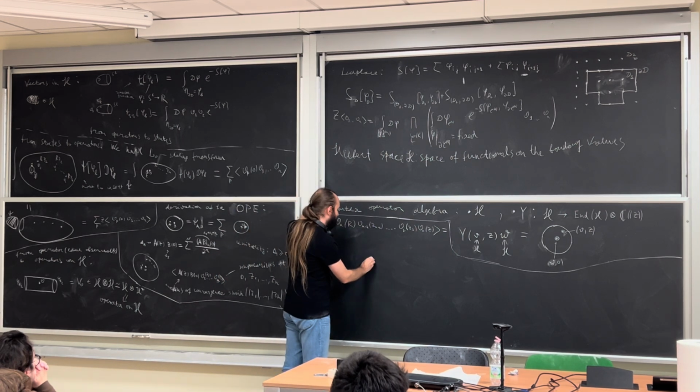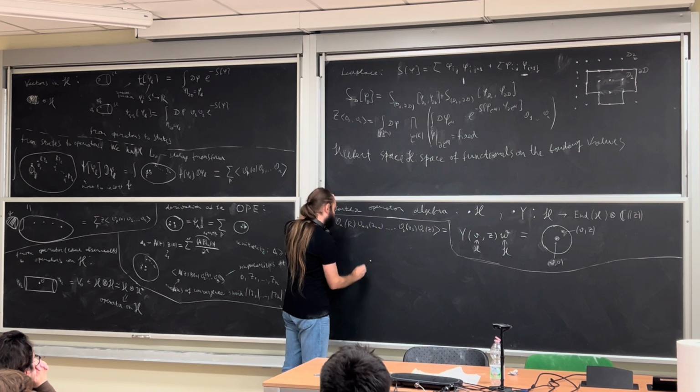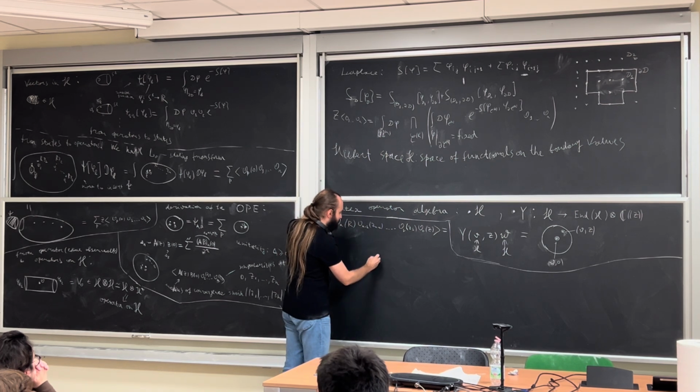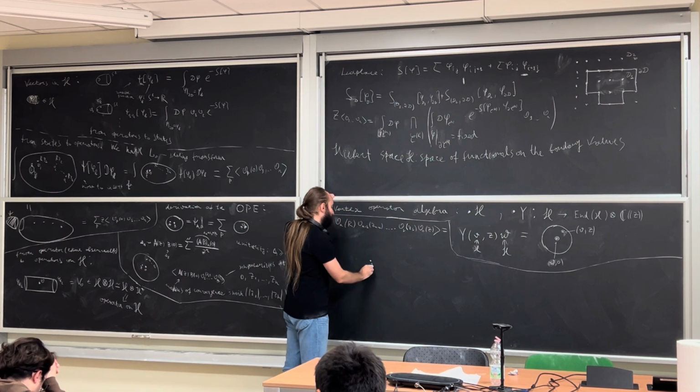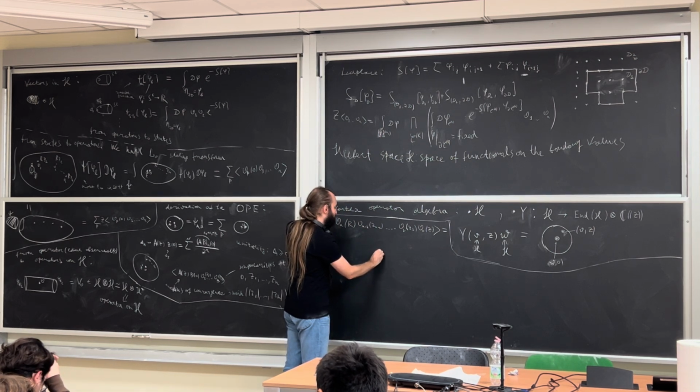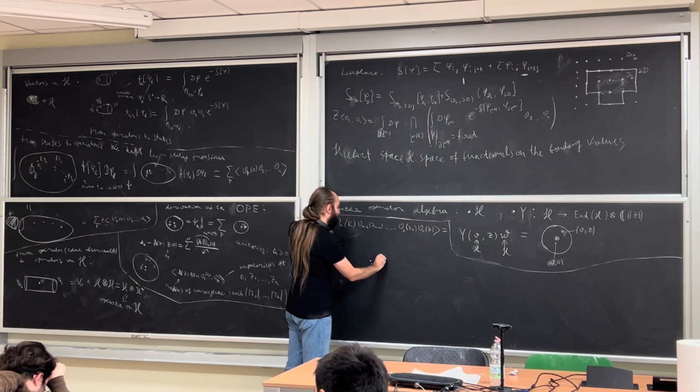Let us draw a picture. Namely, there is point 0, where this operator O_0 lives. There is some point z_1, and so on.